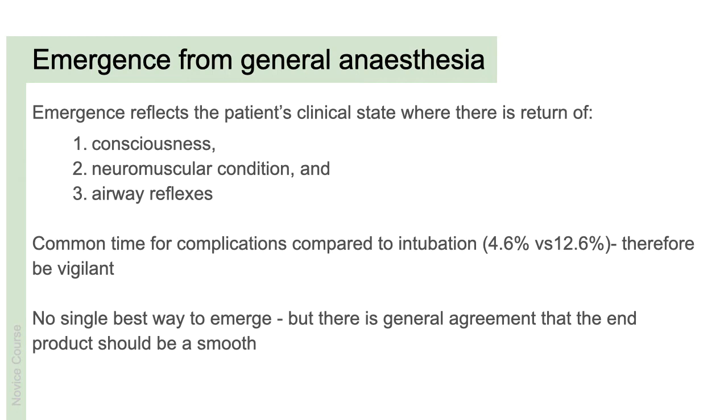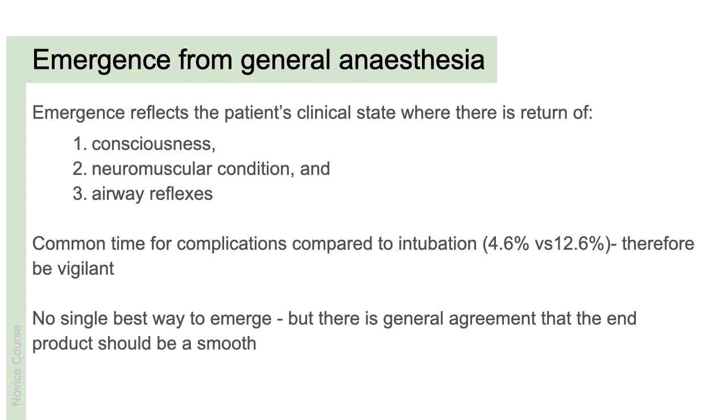It's a common time for complications to occur. So if you compare it to intubation, when there's an estimated 4.6% complication rate, actually at emergence there's a 12.6% complication rate. So, almost 3 times the rate of complications. So it really is an important part of anaesthesia to be vigilant during.